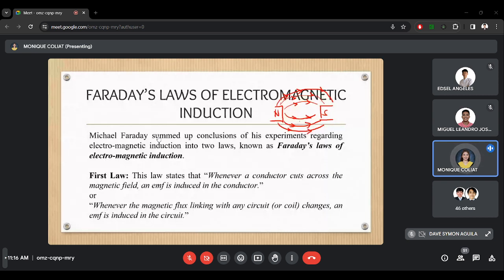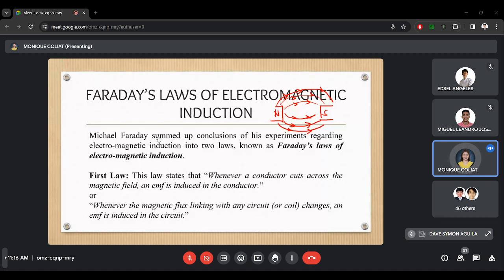If you put a conductor or a wire between that north and south pole, then you will cut the flux and it will induce an EMF. So it will produce a voltage, that will generate a voltage. And you can use that to generate electricity. That is used in the process of a generator.